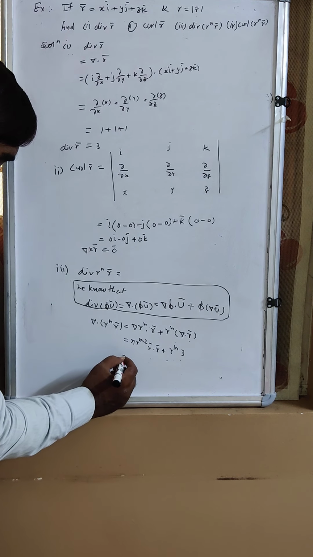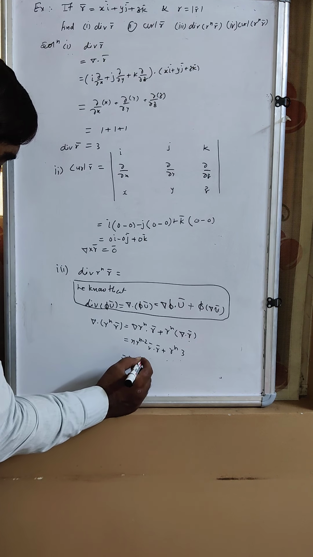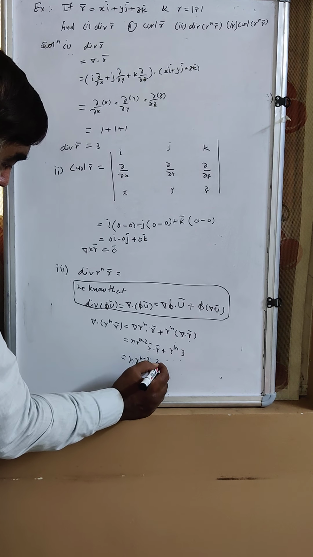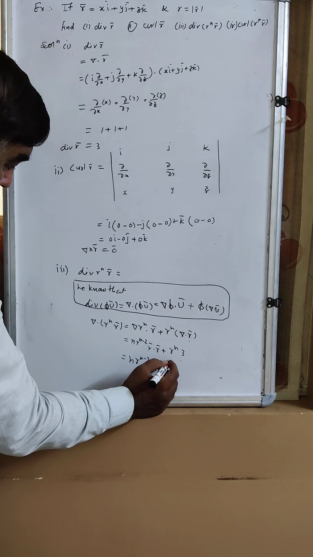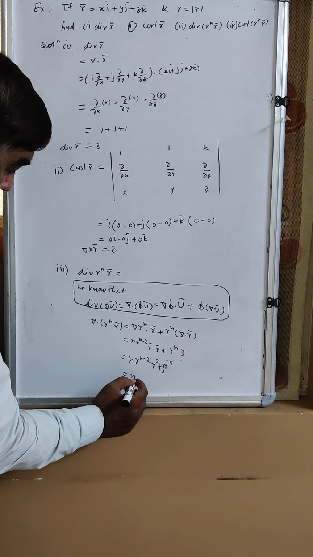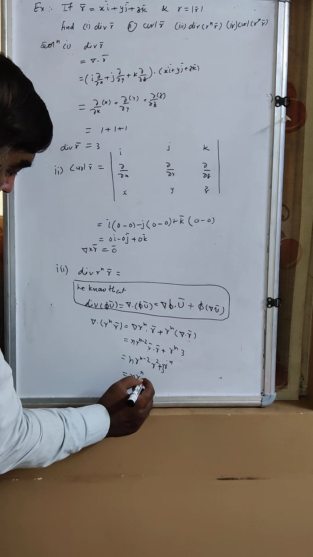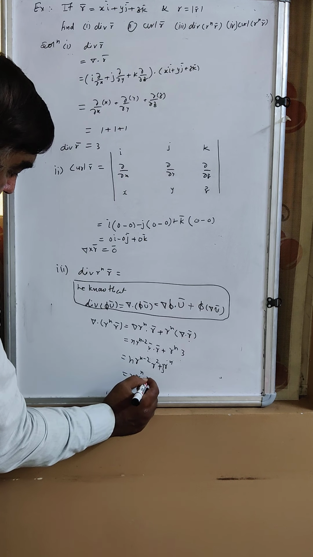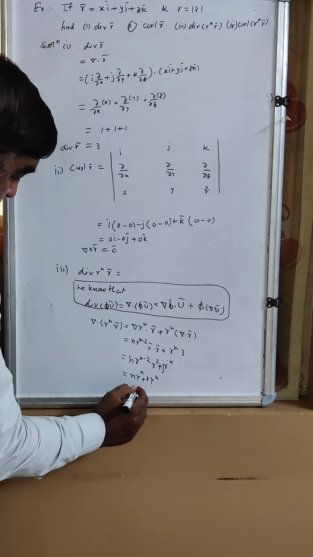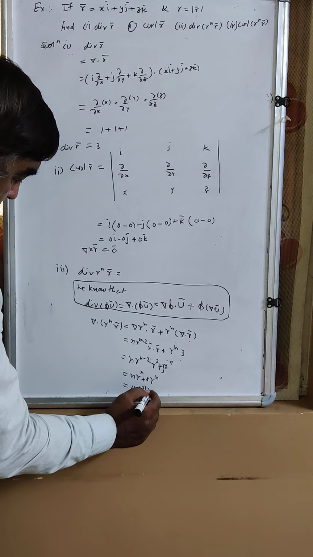So n r raised to n minus 2 r vector dot r vector, that is r square, plus r raised to n times 3, that is 3 r raised to n. Therefore, n r raised to n plus 3 r raised to n is equal to n plus 3 r raised to n.